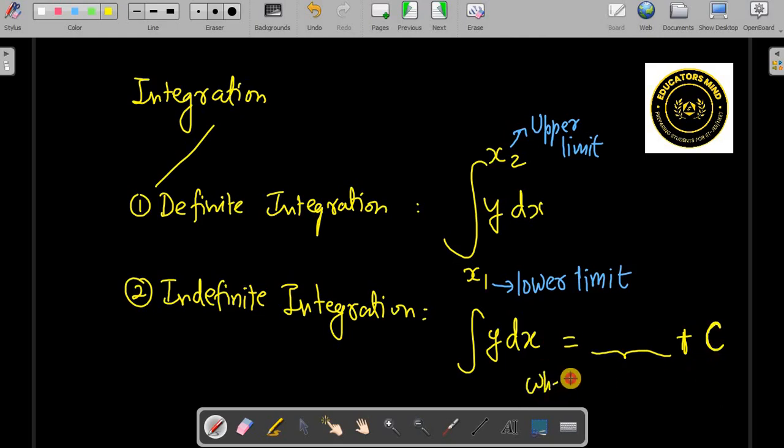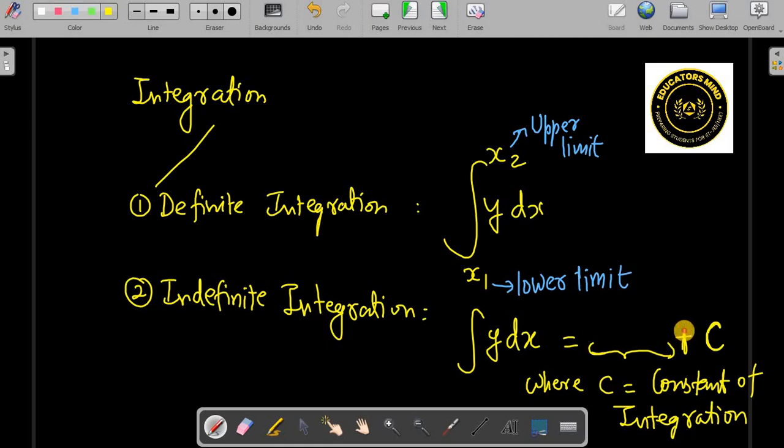Here c is the constant of integration. In the answer you have to add it, because the answer will not be definite, so you need to add a particular value of c. That will depend on what the limits will be. So after evaluation, you have to add a constant of integration. Okay, so these are the two types of integration.